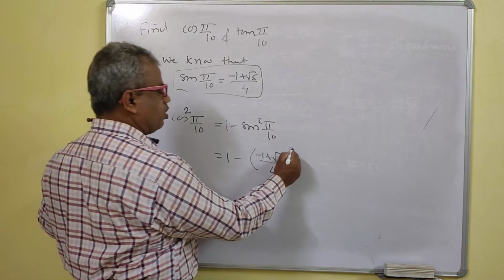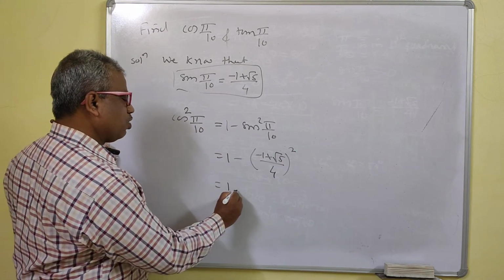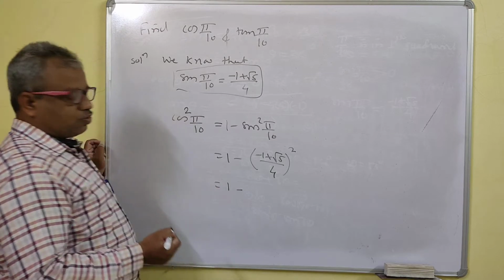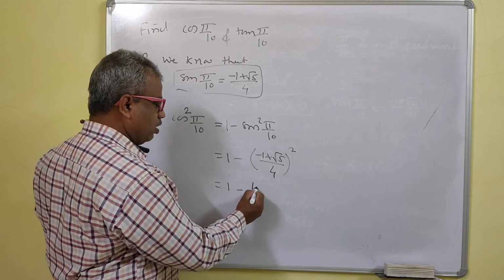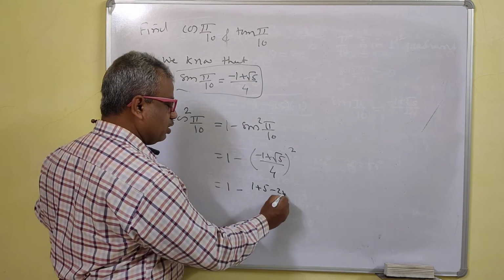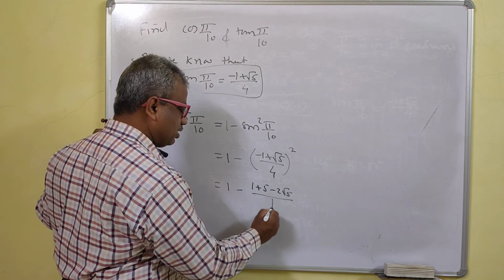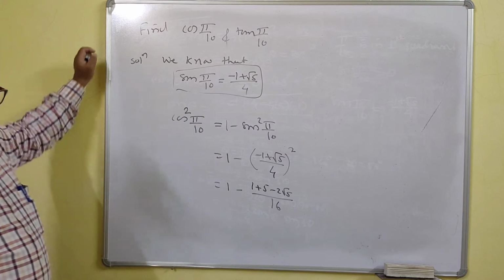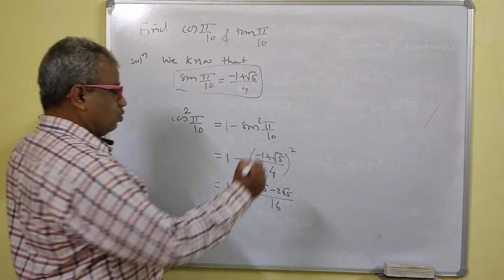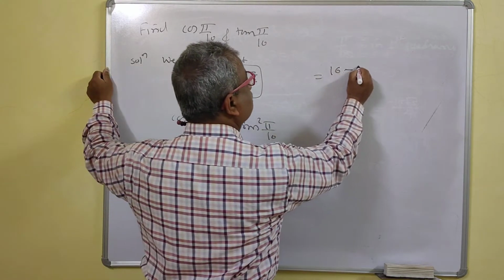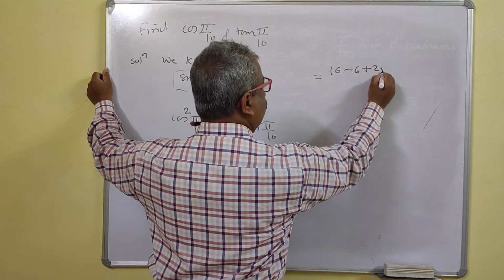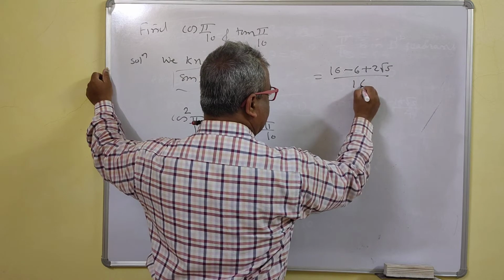Now you have to take the square of this one, the square of the numerator and the square of the denominator. So what is this? 1 plus 5 minus 2 root 5 upon 16 now. So this is equal to 16 minus 6 plus 2 root 5 upon 16.